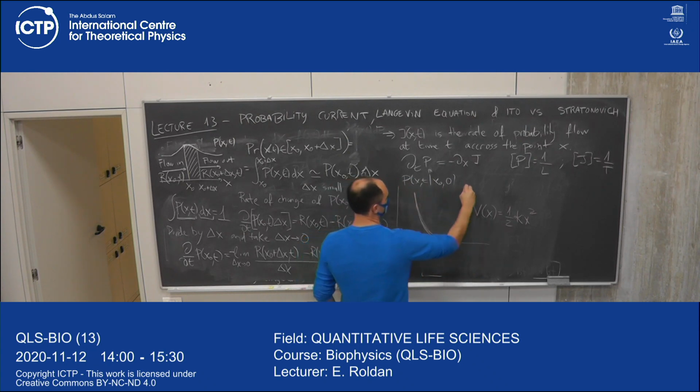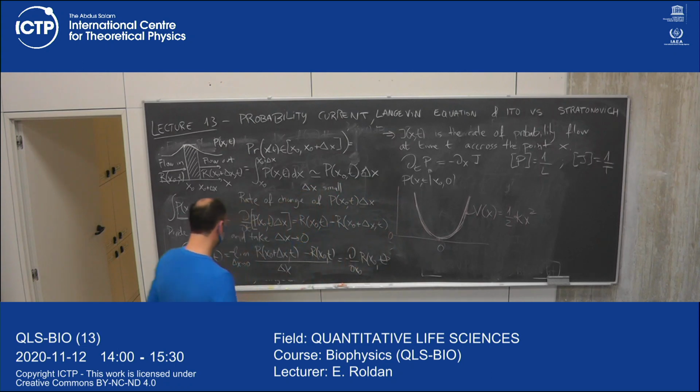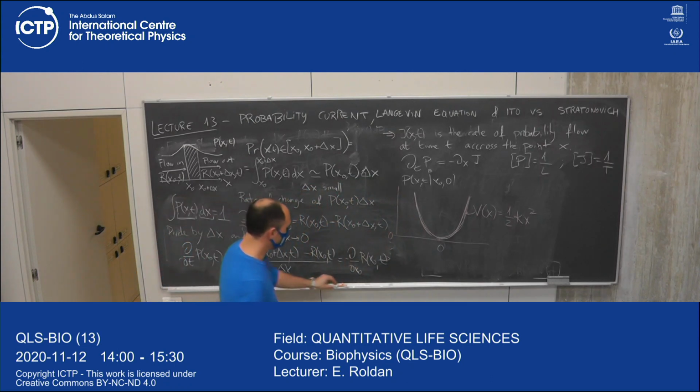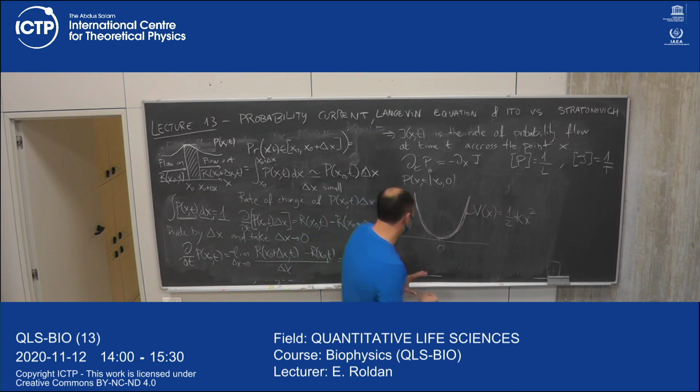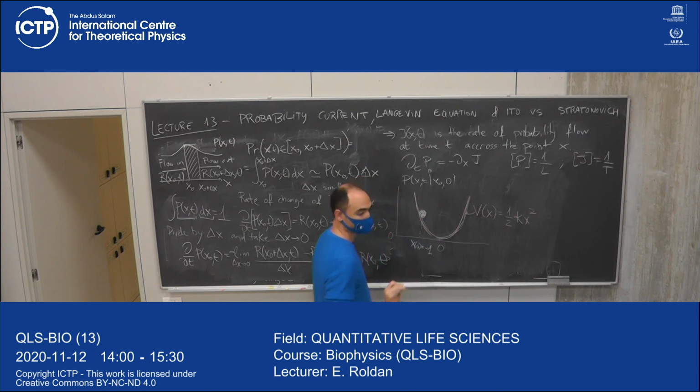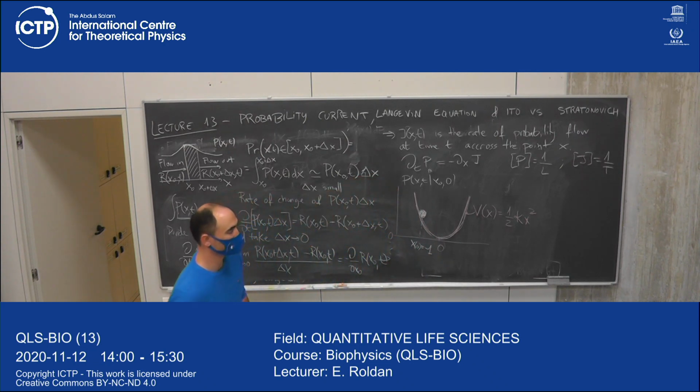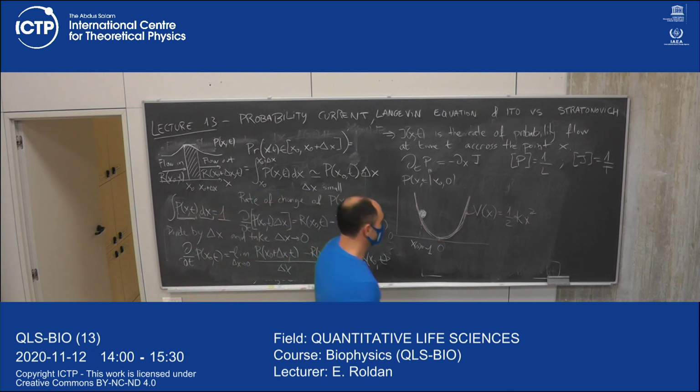This is V of x. Imagine I take a particle and I am initially here, the initial position x0 equals minus 1, for example. So what will be the distribution at time 0?